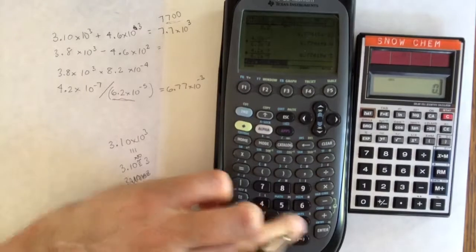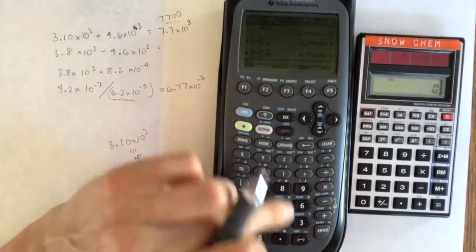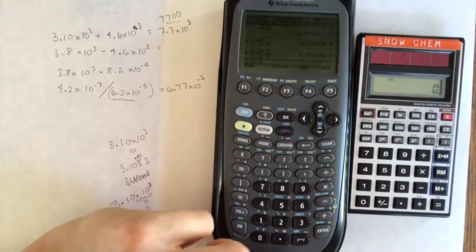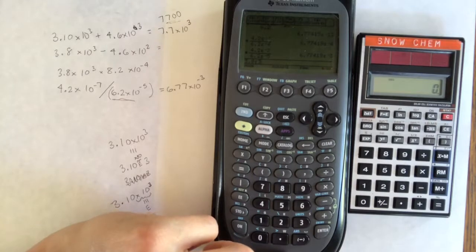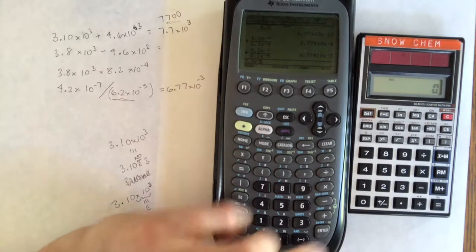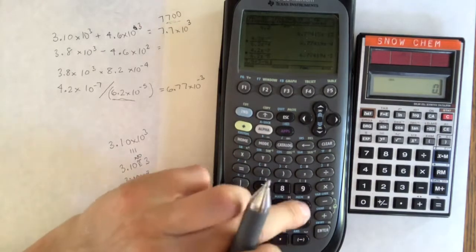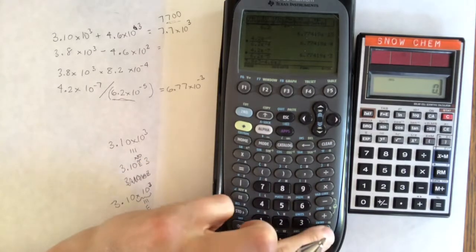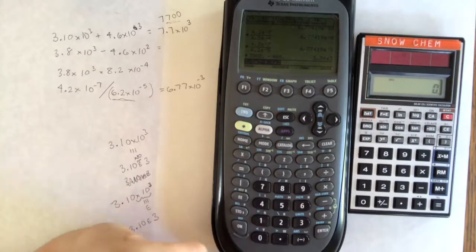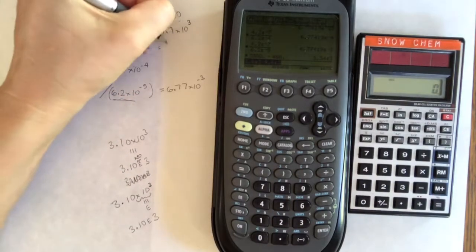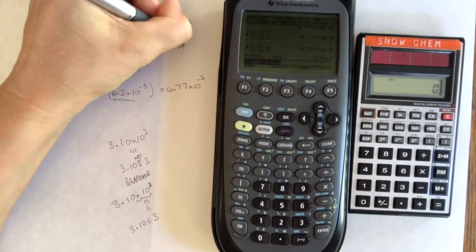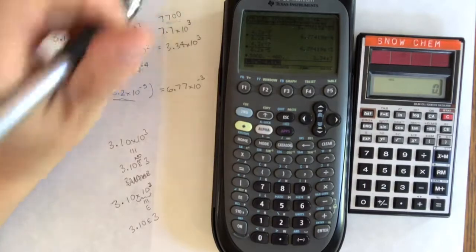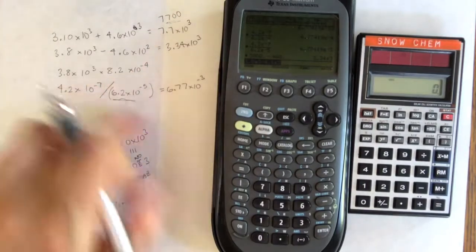So now let's do the one to subtract. I have 3.8 E to the third, because remember we want to use E instead of 10 to the power, minus 4.6 E to the second power. That is equal to 3.34 times 10 to the third. And now let's do the one that we're going to multiply.